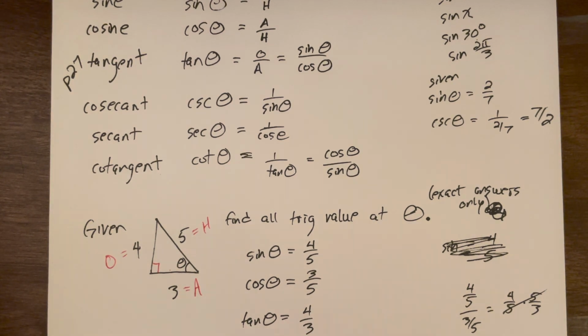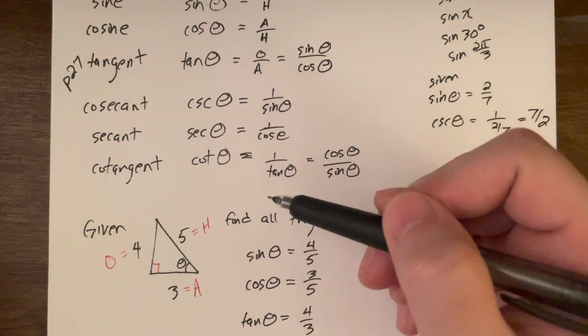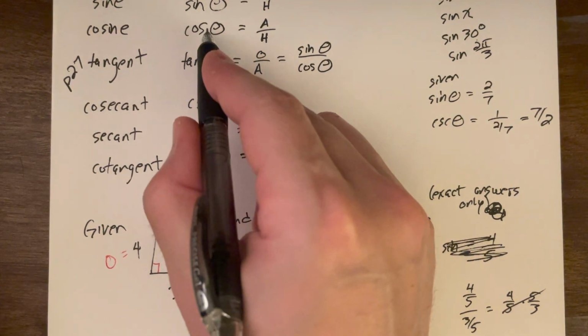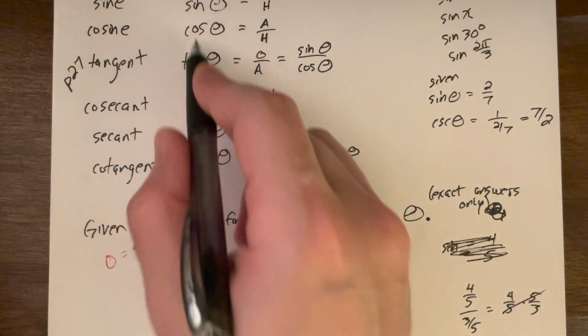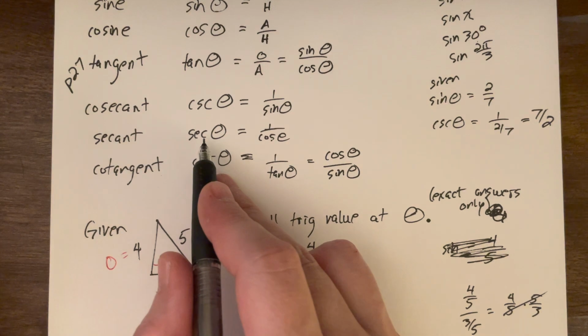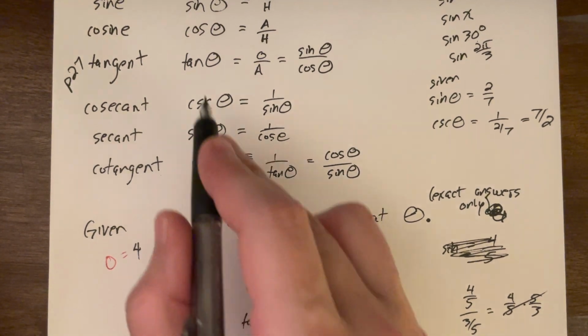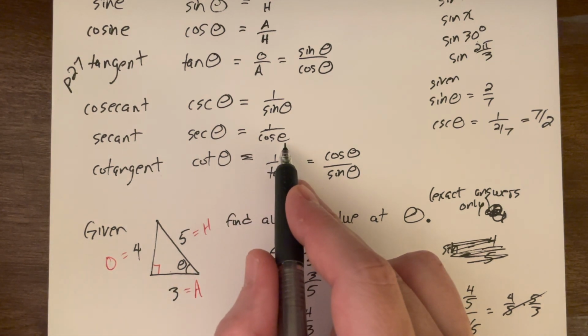And now the last three, again, look at the order. I know a lot of people like to group cosine and cosecant together, because they both start with co and have the C designation, whereas sine and secant both have the S, but that's not the way they're paired. Cosecant is 1 over sine. Secant is 1 over cosine.